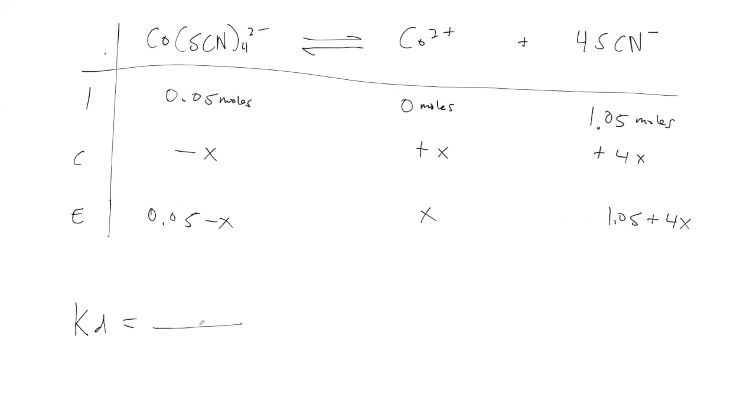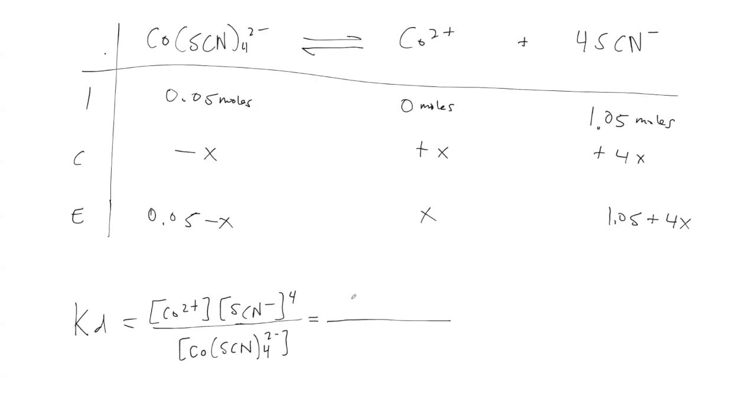So that dissociation constant is going to be our products over reactants. So on the top, we will have the cobalt 2 plus ion, the isocyanate ion, and then our complex as the reactant. So now that we've filled out our ice table, we can just use those same values to plug in to our equilibrium constant.